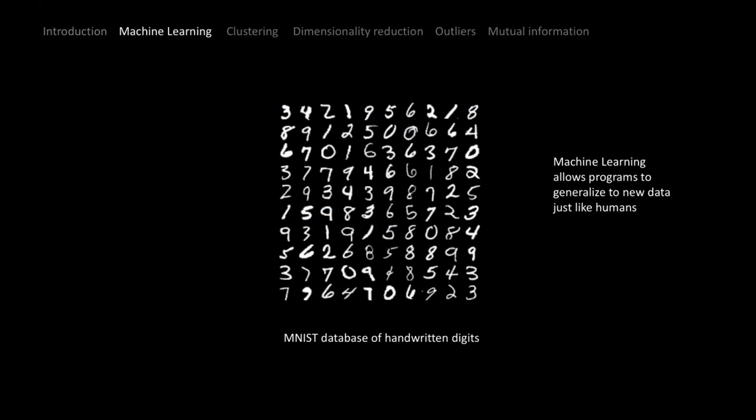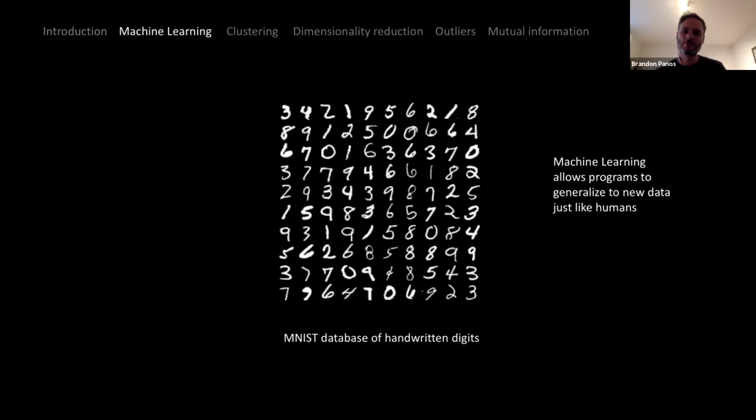But basically, machine learning tries to teach a computer how to generalize and think more like a human when novel things come its way. So ordinarily, a computer is very good at well-defined tasks, but as soon as you change some of these parameters, it will fail dismally. And what you see in front of you here is a sample of the MNIST data set. This is the standard data set for testing machine learning algorithms.